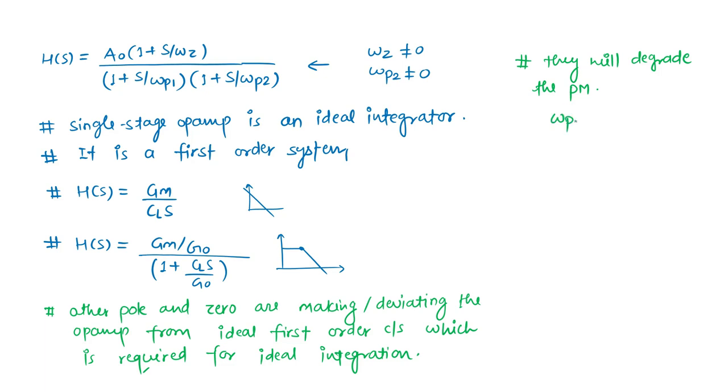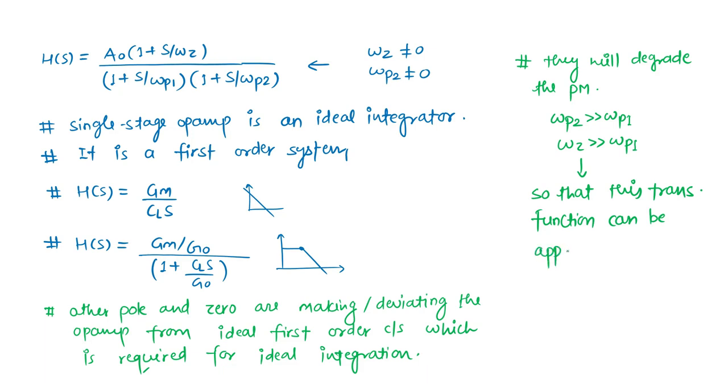This omega p2 should be much higher than omega p1, and omega z should also be much higher than omega p1, so that this transfer function can be approximated as a first order system, which is the desired requirement for us. So this is my requirement.